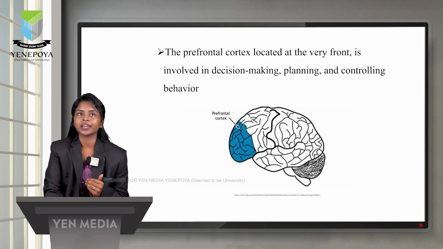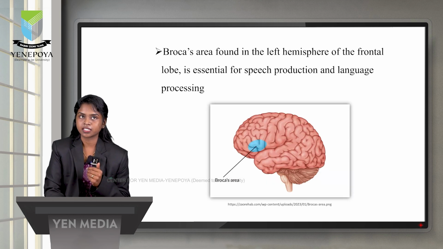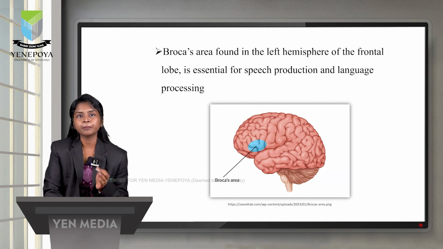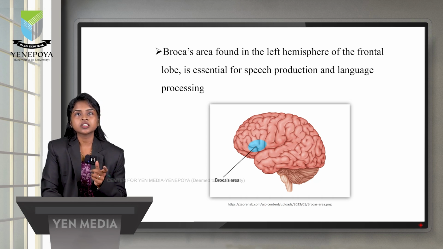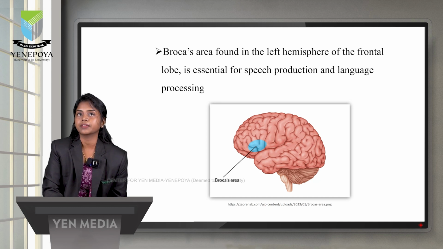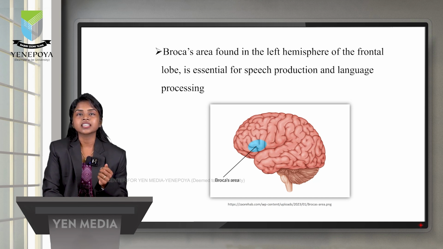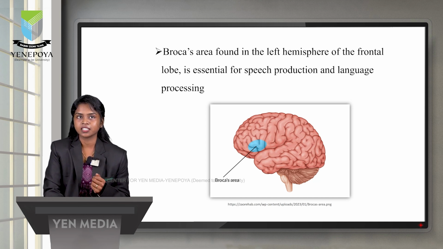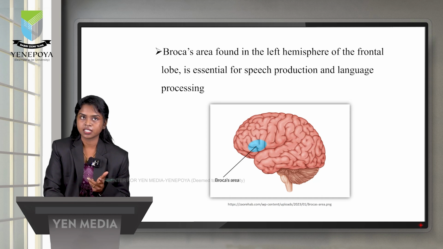Everything is controlled by the prefrontal cortex. And we move on to Broca's area. Broca's area is one of the most important areas in the frontal lobe. It is most commonly located in the left hemisphere and is essential for speech production and language processing.